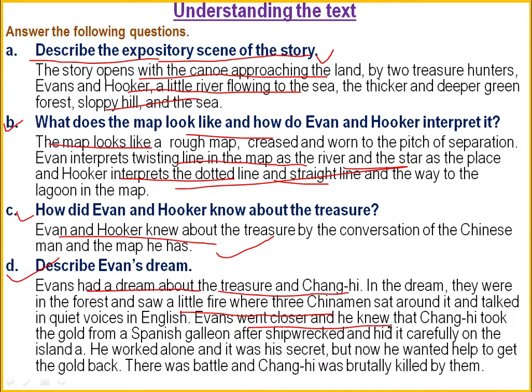He knows that Changhi took the gold from the Spanish galleon after it was shipwrecked and hid it carefully on the island. He walked alone and it was his secret, but now he wanted help to get the gold back. There was a battle and Changhi is brutally killed by Hooker and Evans.